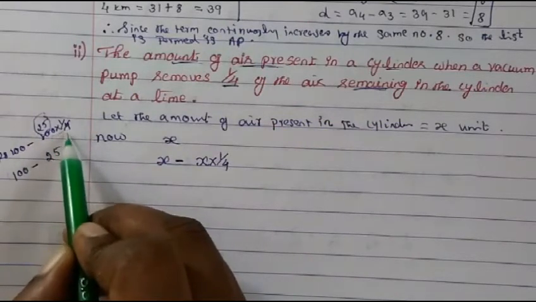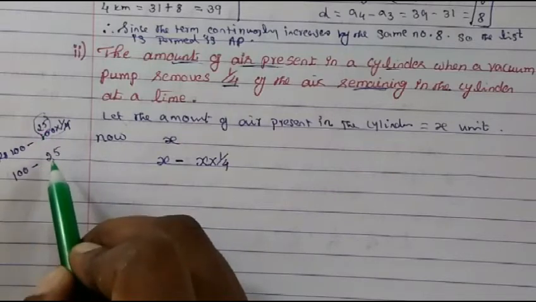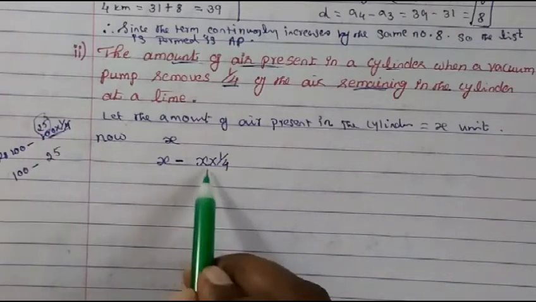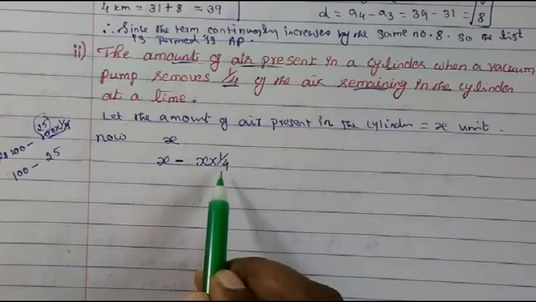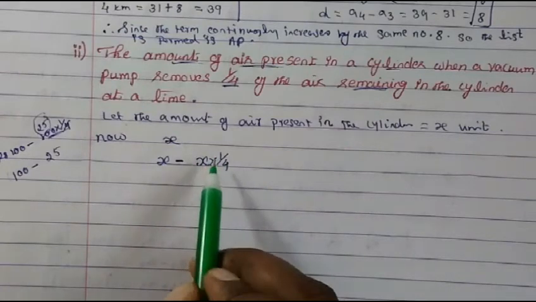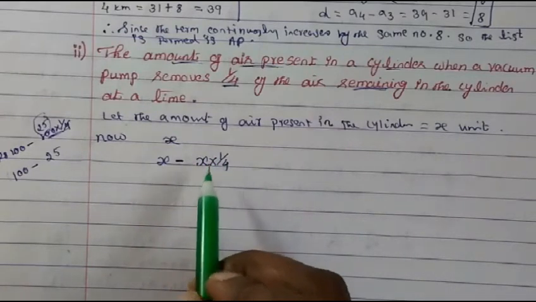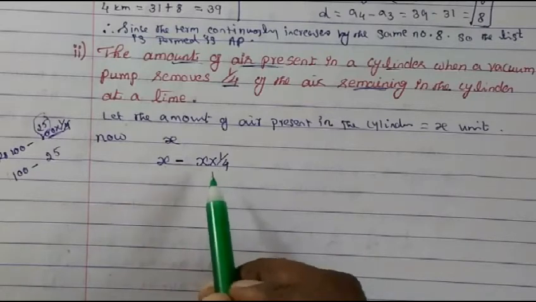That means I multiply 100 with 1/4, then only I get 25 rupees. So this is how we have written here: X into 1/4. Then when we multiply, we get the 1/4 of the remaining air, that is X.